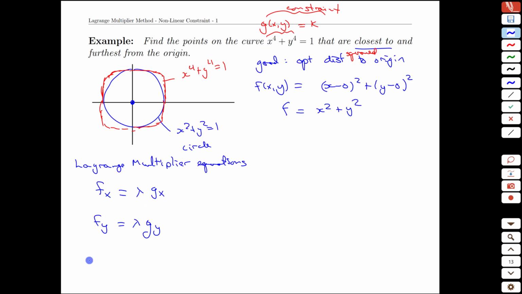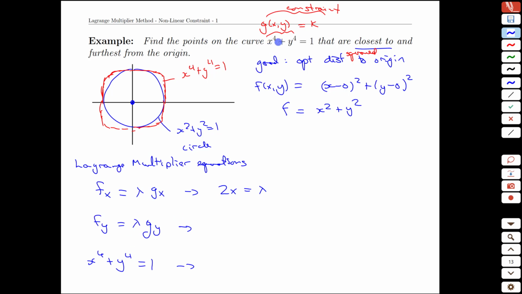And then the constraint itself comes down, x to the fourth plus y to the fourth equals 1 is our third equation. We then fill in the blanks with our formula. This is good to go, but our f function, we need the x derivative of that. We scan this function here, we simply get 2x. We have the lambda, then g x.